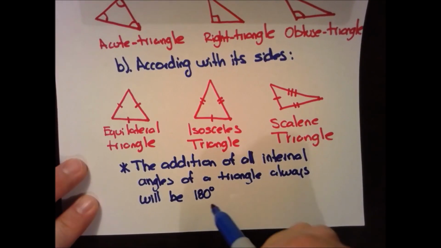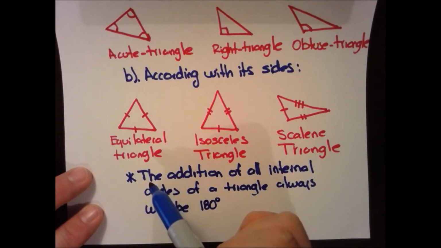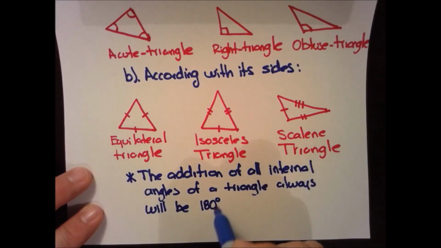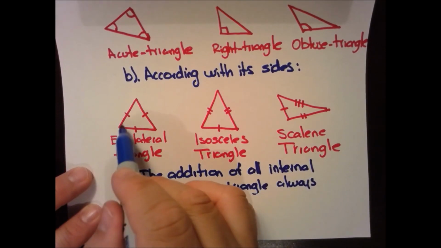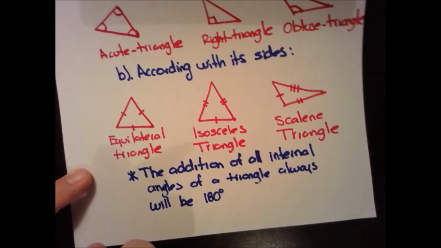So it means that here in equilateral triangle always is going to be 60 degrees each one, because you need to divide 180 degrees on 3. Okay, so this is something very important that you should know.